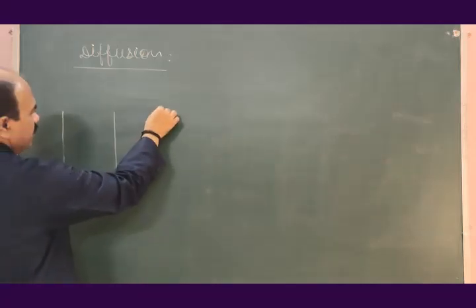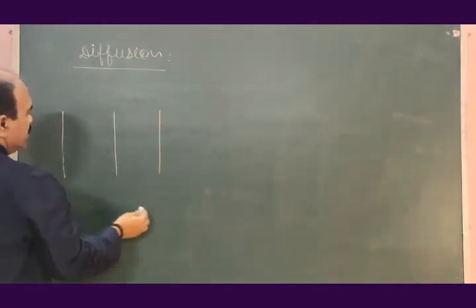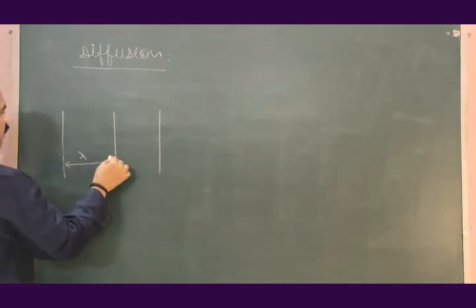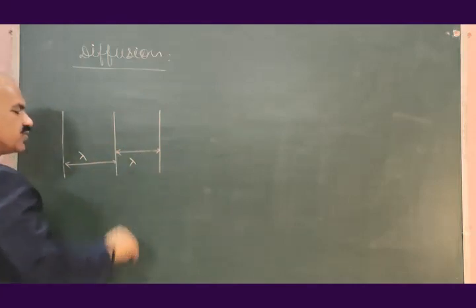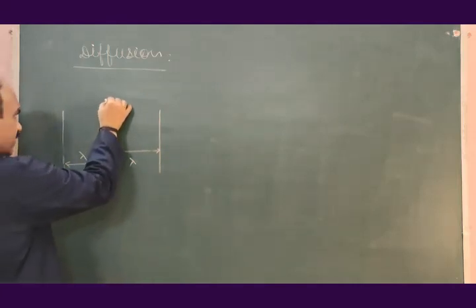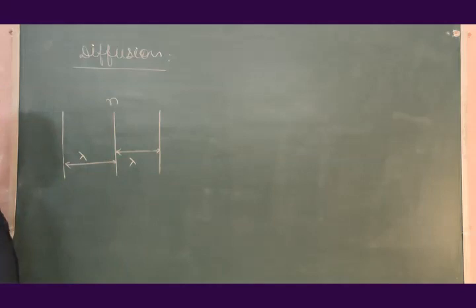Let us consider this is one region, this is the second region, this is the third region. The distance between these two regions is lambda. The distance between these two regions is also lambda. This region has n number of molecules per unit volume, or concentration of molecules is n here.